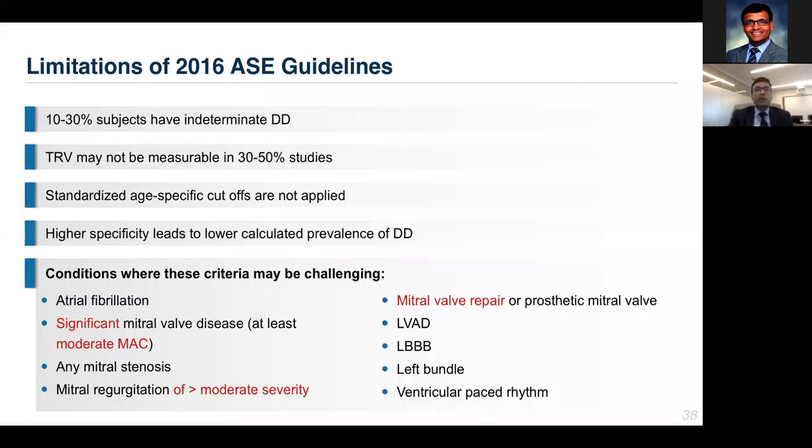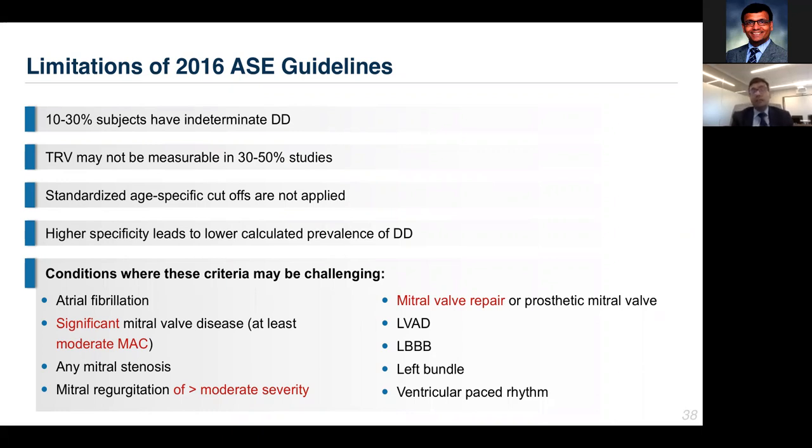Some of the other limitations of the 2016 guidelines include the characterization of indeterminate diastolic dysfunction. The way I look at the stage indeterminate is not to stop at that point, but to make an effort to get more variables to see if you can qualify the patient either way, normal or dysfunctional, or to ask for exercise testing where you really do not have the answer.